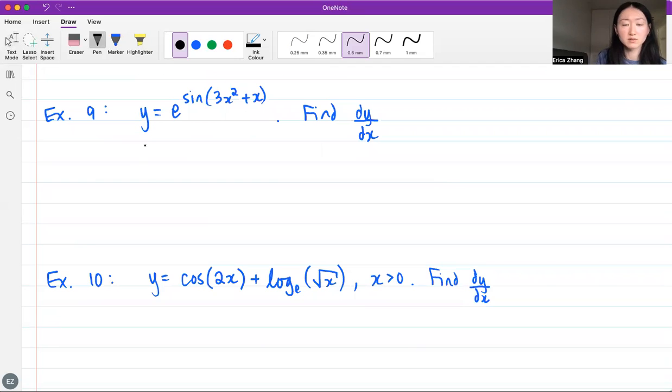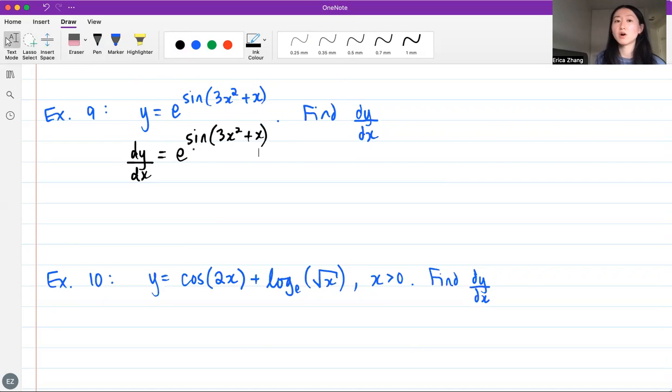Once again, composite function with a function of x as the exponent. Okay, dy dx is equal to, when it comes to e, just copy that down first. Now, take the derivative of that function being sine of 3x squared plus x. So now we need to apply the chain rule within the chain rule. So derivative of sine, once again, it's cosine, okay?